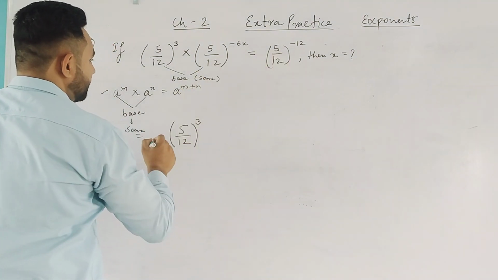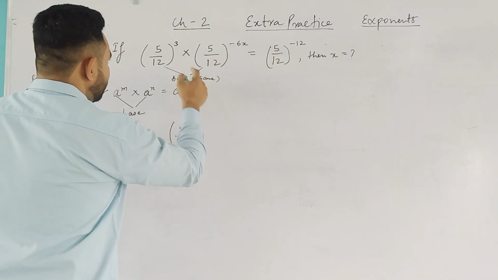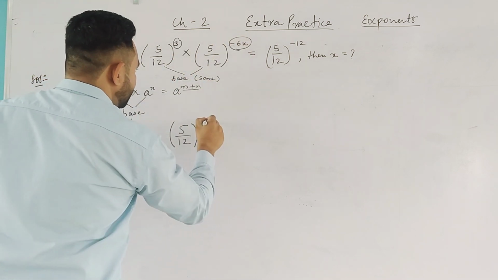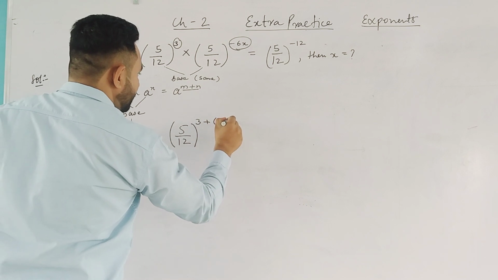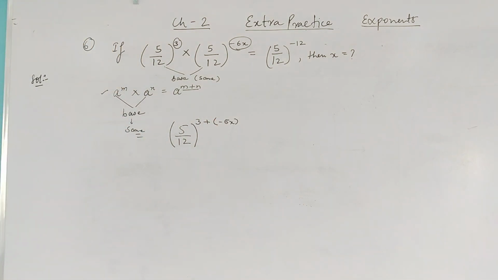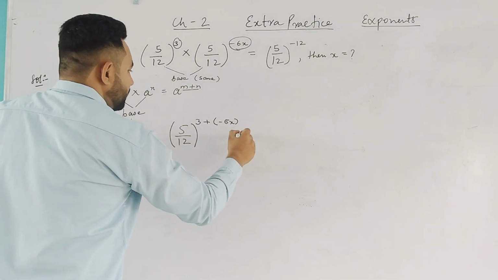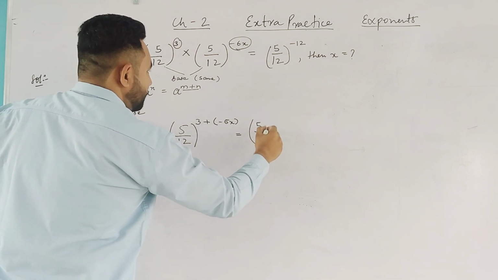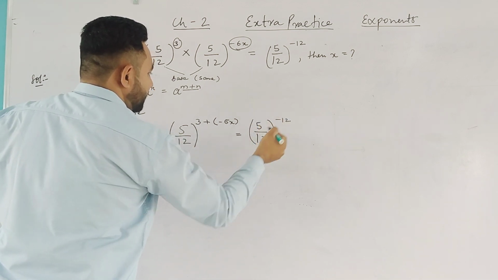And which will be the power here? This is m plus n. Here it is 3, here it is minus 6x. So 3 plus bracket minus 6x, equals, what is given on the right side? 5 by 12 to the power minus 12.